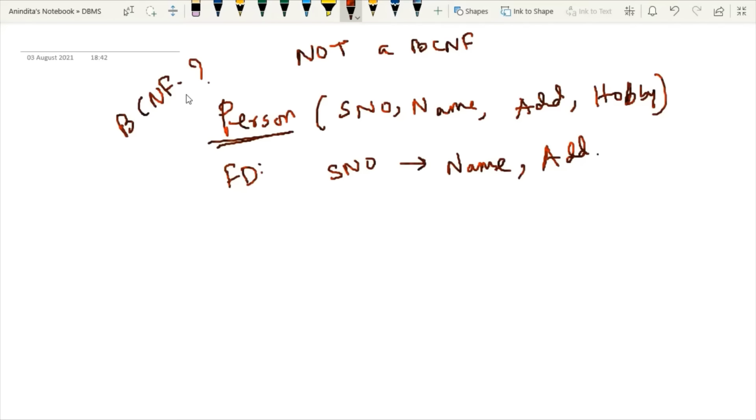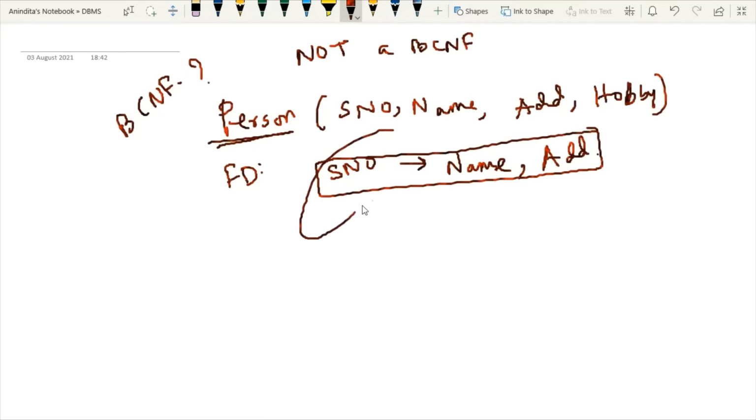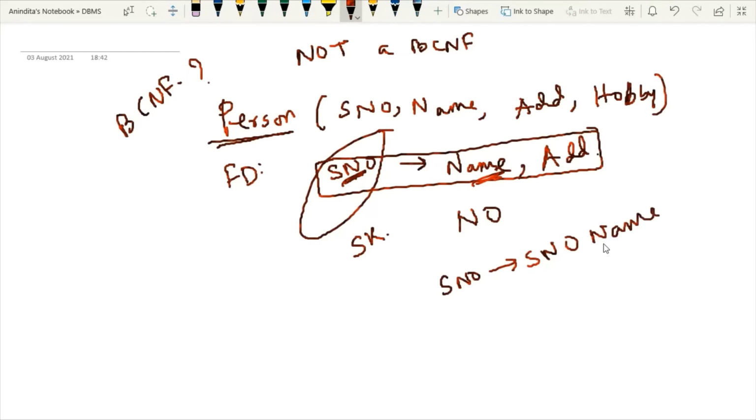So the question is, is this person table in BCNF or not? The only thing we have to check is whether the left hand side of the functional dependency is a super key or not. My answer is no, because from S number I can get name and address only.